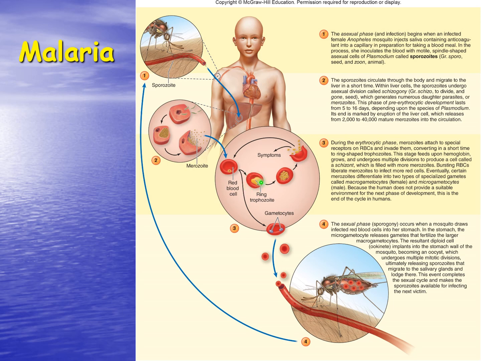But the ring trophozoite will undergo reproduction, and if we wind up with gametes, they are transmitted to another mosquito in another bite. Those gametes then develop into the sporozoite, and when she goes to bite someone else, this is the way that we transmit malaria.